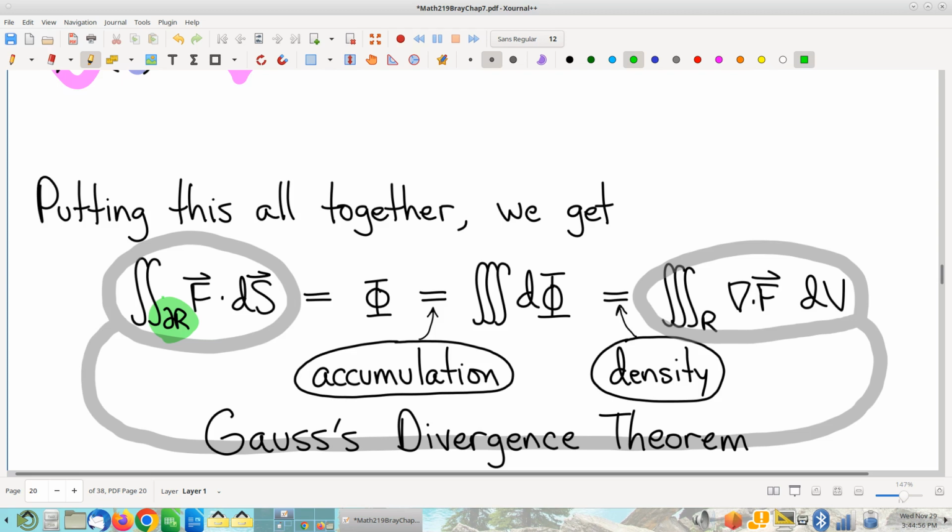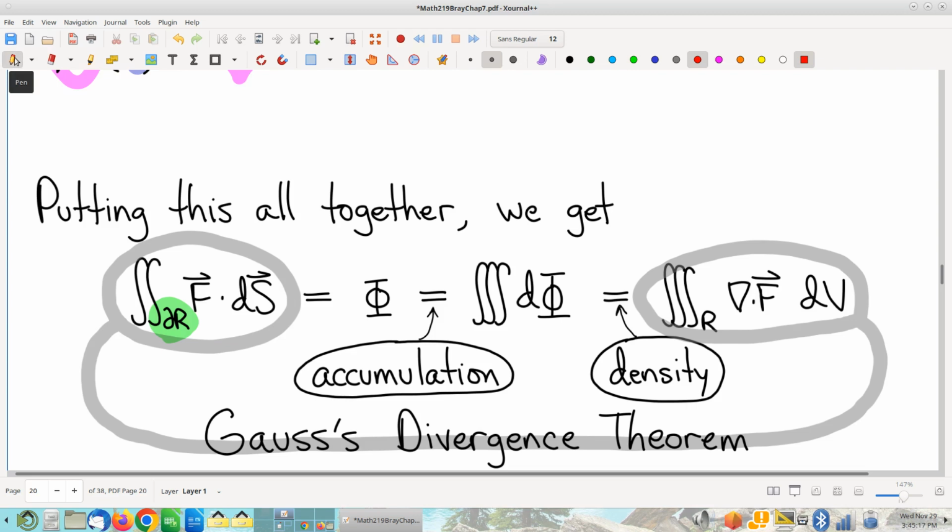This is not a minor point. This is a huge point. If you try to apply Gauss's divergence theorem when the surface isn't a boundary, it's complete garbage, symbolic nonsense. And here's how students step on this landmine.